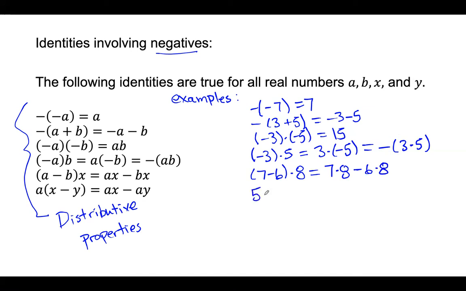And then 5 times (8 minus 2) is equal to 5 times 8, subtract 5 times 2.